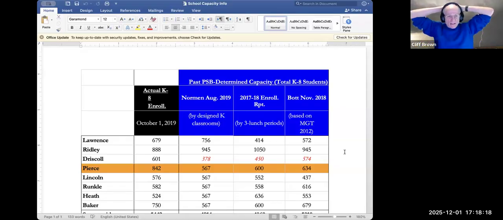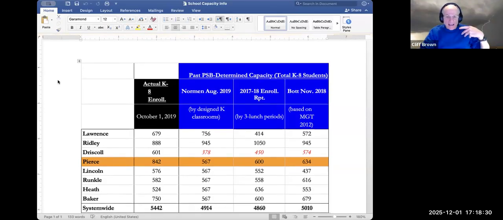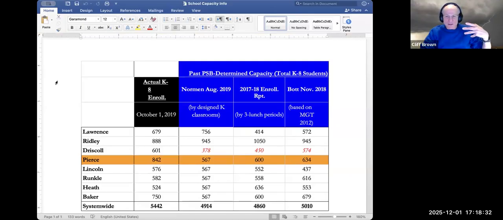Mary Ellen Norman was a former deputy superintendent for finance and administration. She was here for quite some time. And you can see that we know that Ridley had an expansion, and it went from roughly, call it 900 kids to 950, although back in 2012, MGT said that it had capacity for 752.